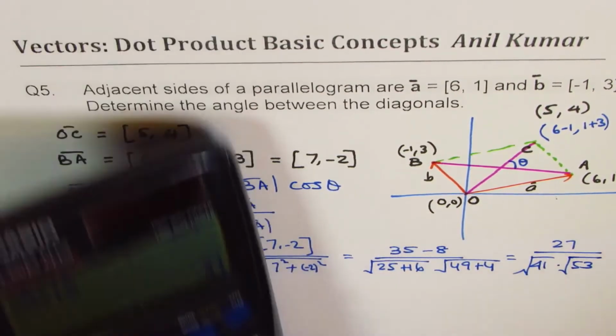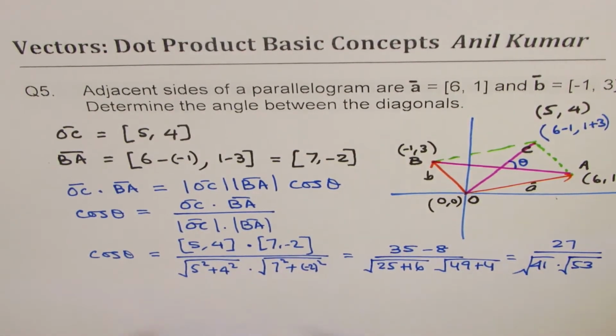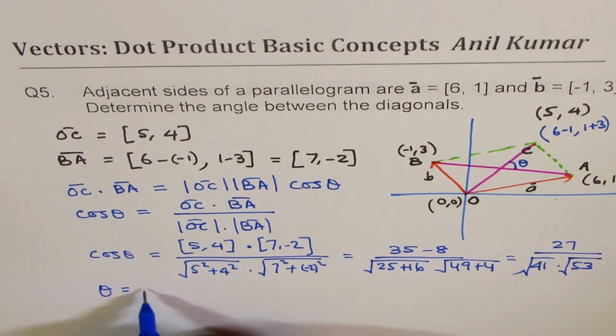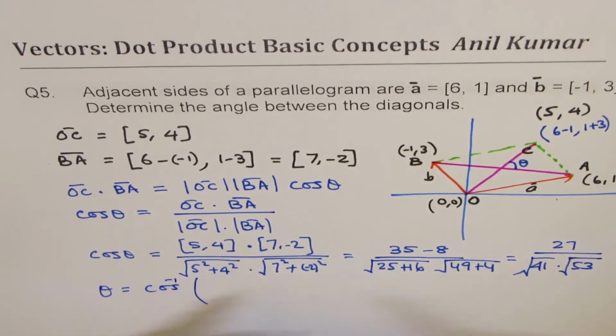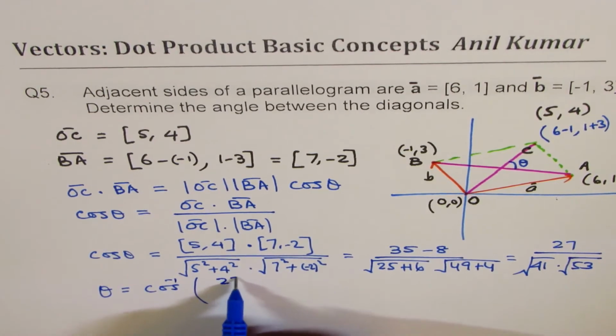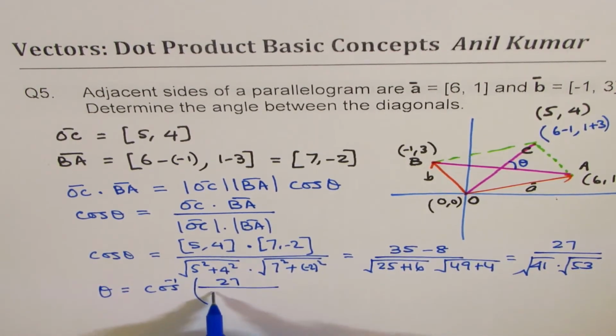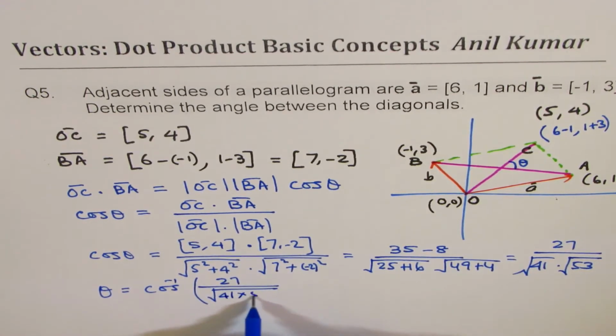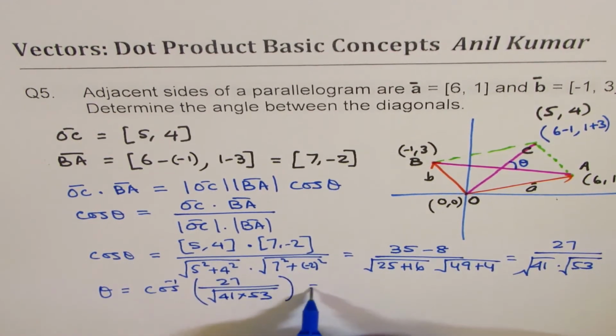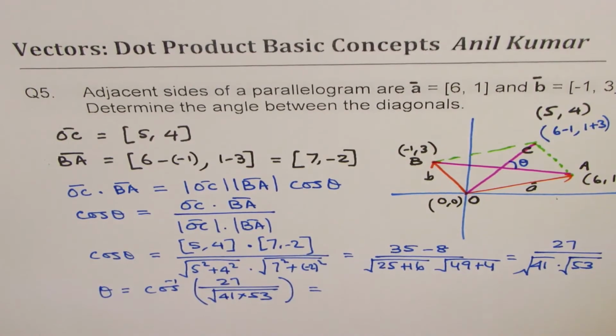Right? Now, from here we can get the angle theta as equal to cos inverse of 27 over square root of 41 times 53, which is, let's calculate.